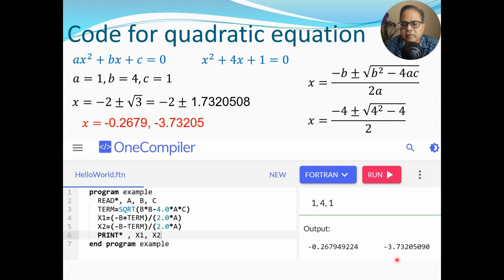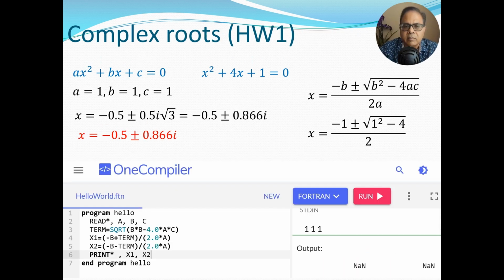So clearly there were two real roots, both negative numbers, and we have got that because the case a is 1, b is 4 and c is 1 gives you nice real roots. But now let us say we take the case where a, b and c are 1.